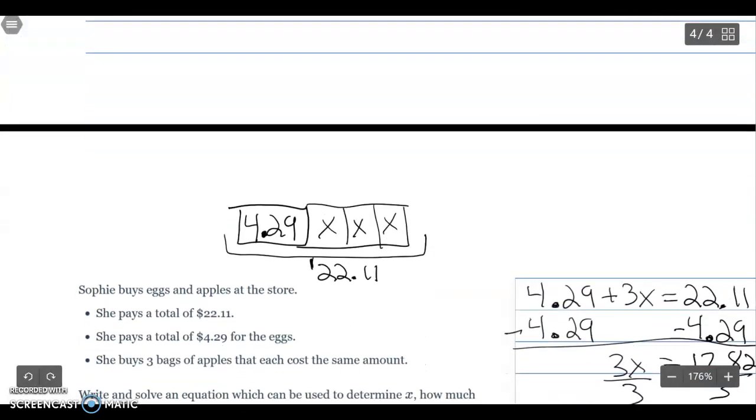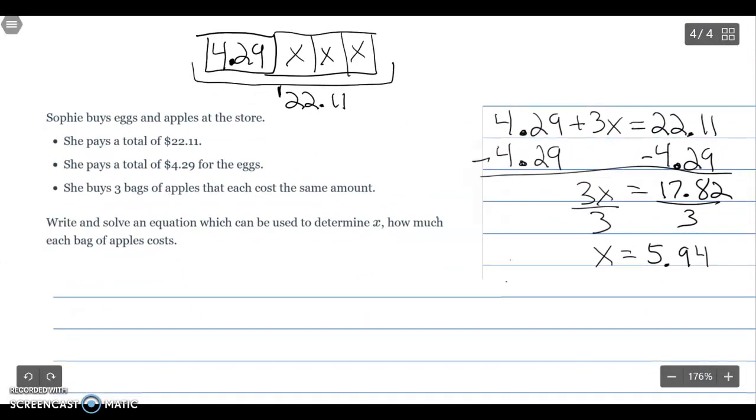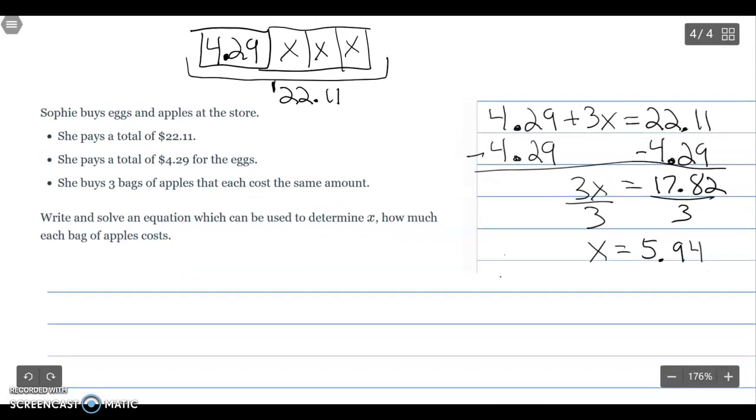Okay, so in this scenario here, Sophie buys eggs and apples at the store. She pays a total of $22.11. That's the total amount. She pays a total of $4.29 for eggs. Notice how they use the total twice, right? But then it says she buys 3 bags of apples. They don't give you the cost per apples.